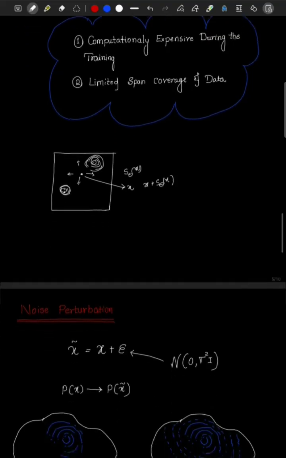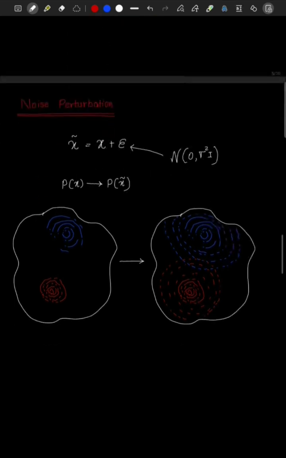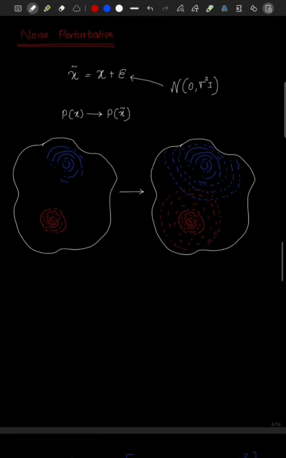Now to handle this kind of issue, one technique used is called noise perturbation. Noise perturbation means you have a data point x, and you add some Gaussian noise of mean 0 and variance sigma square. This is the original data distribution.